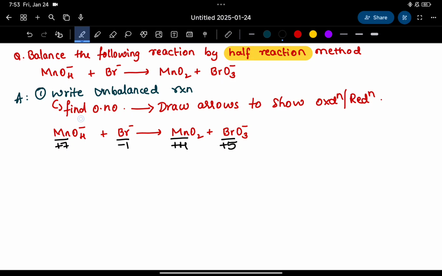Second thing is identifying the oxidation number, then you draw arrows to show oxidation and reduction. Manganese is getting converted from plus 7 to plus 4, that is gain of electron, which is reduction, whereas Br is getting converted from minus 1 to plus 5. This is loss of electron, so it is oxidation. Alright, so this is the first step.